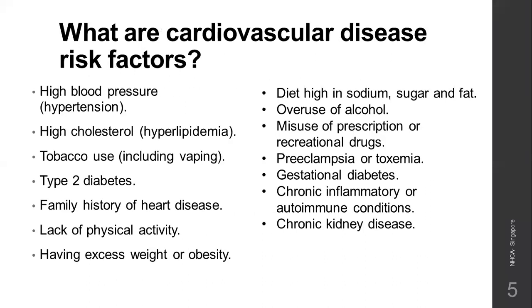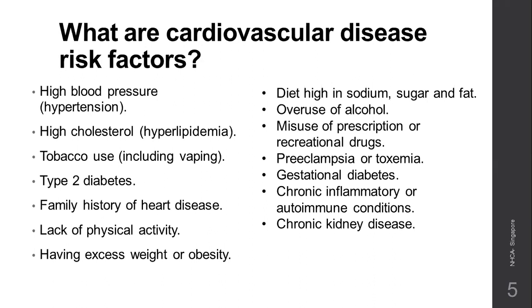So what are the risk factors? Who all are at risk of developing cardiovascular diseases? People who suffer from high blood pressure, okay, hypertension, high cholesterol levels, hyperlipidemia, tobacco use, including vaping, okay, and type 2 diabetes mellitus, family history of heart disease. Okay.